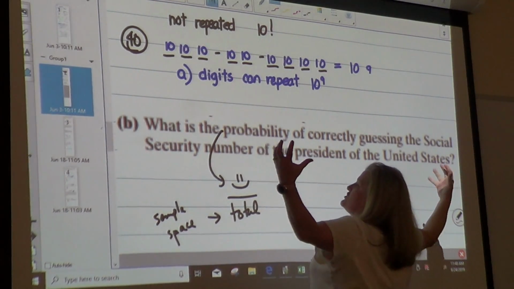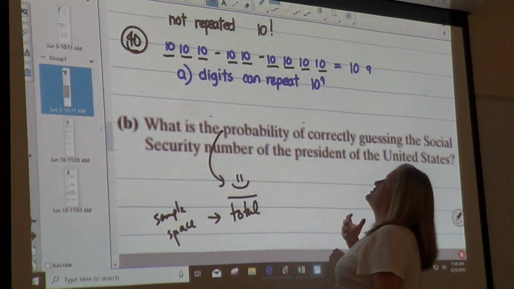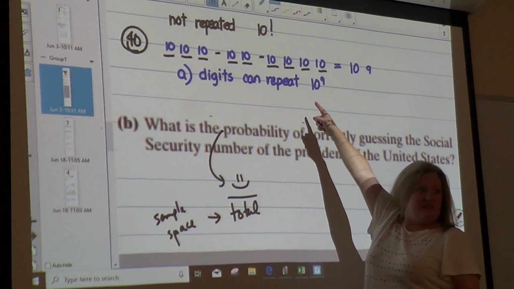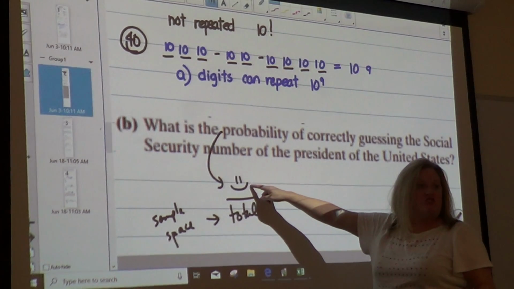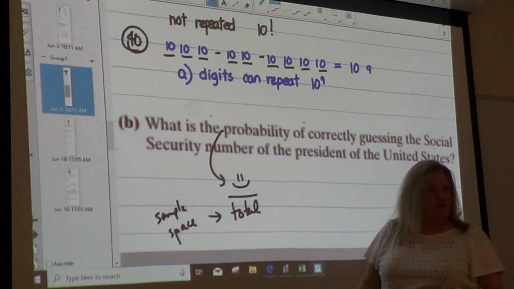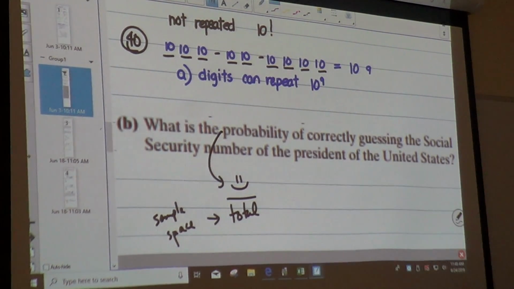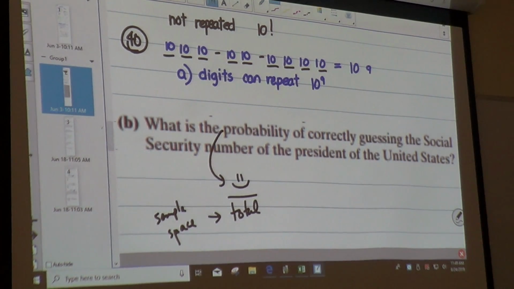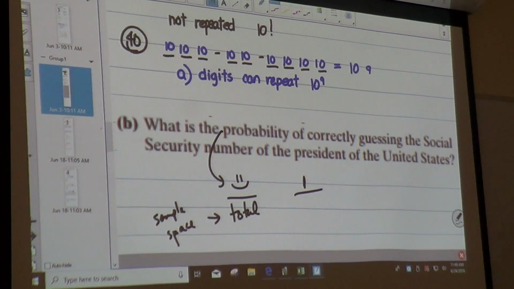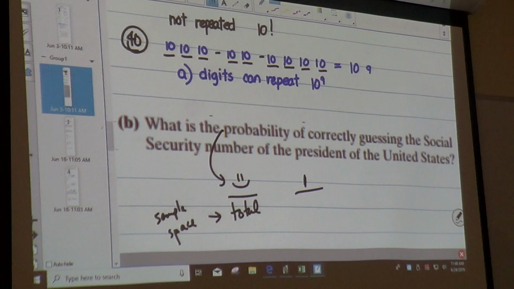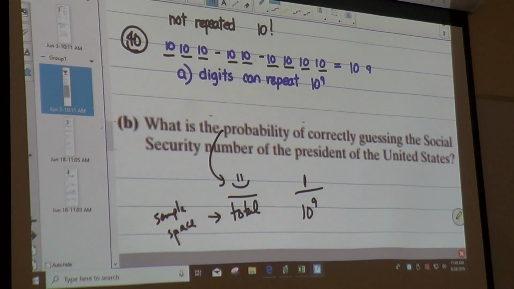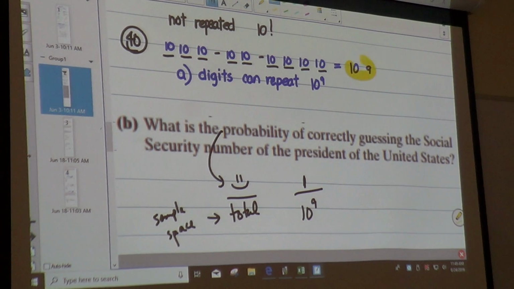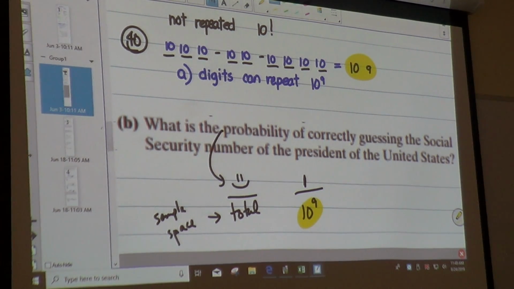So what is our total number of Social Security numbers? That's 10 to the 9th. And how many Social Security numbers are going to make me happy? 1. The only Social Security number that's going to make me happy is the President's. And the total number is 10 to the 9th, which is what we calculated right there.